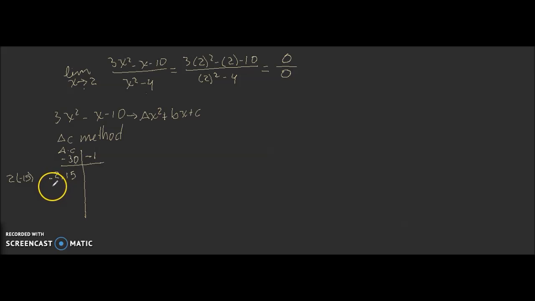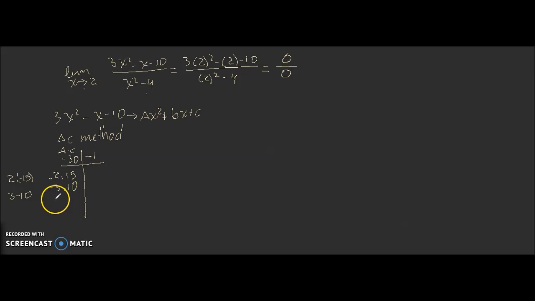Now we're going to try minus 3 and 10. Minus 3 and 10 gives me positive 7. Now, positive 3 and minus 10 gives me negative 7. Alright, so we know that these factors won't do it either.